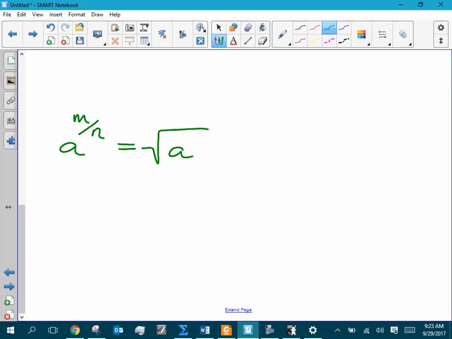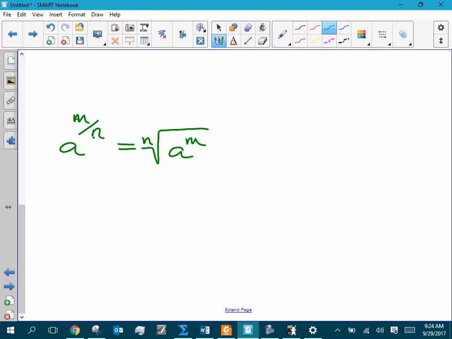We're going to figure out which root that is. And it's very easy to determine this, as long as you remember that the denominator becomes the index out here that you're taking the root of. So that would be the square root, cube root, fourth root, whatever. And this m, the numerator, is actually the power of a.